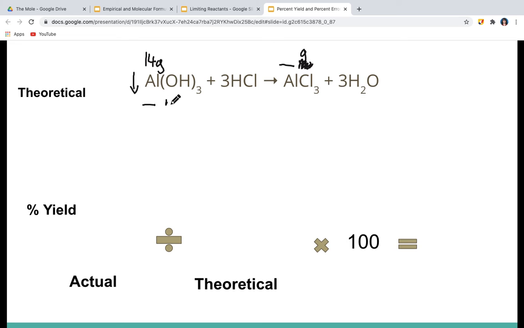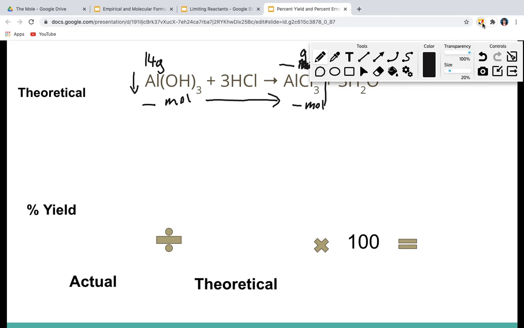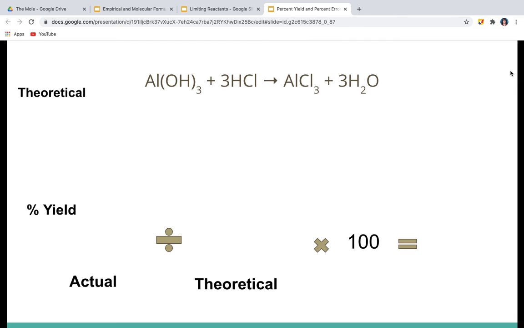So we're going to go from grams to moles, over to moles of aluminum chloride, and up to grams of aluminum chloride. I am going to give you time to set that up on your own, and then I am going to pop this up so you can check your work, because I do want you to get the opportunity to try this on your own.